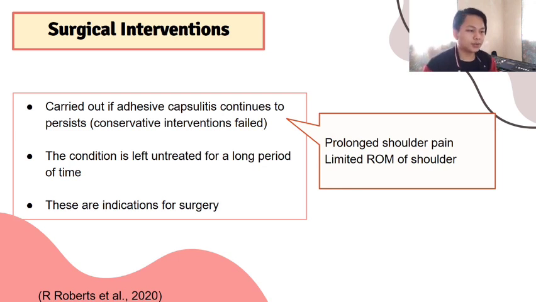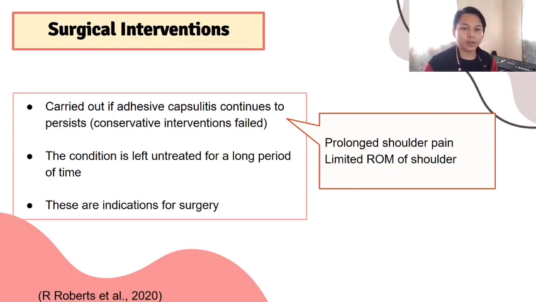Another indication for doctors to perform surgery on patients with adhesive capsulitis is if the condition is left untreated for a long period of time. This means that the patients give little care about their shoulder condition.